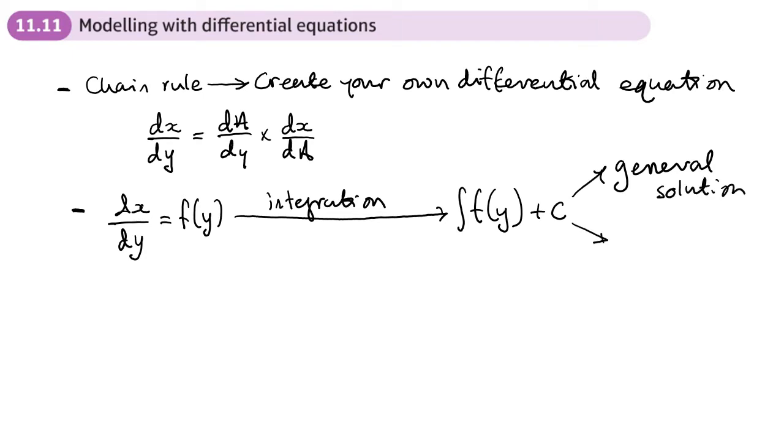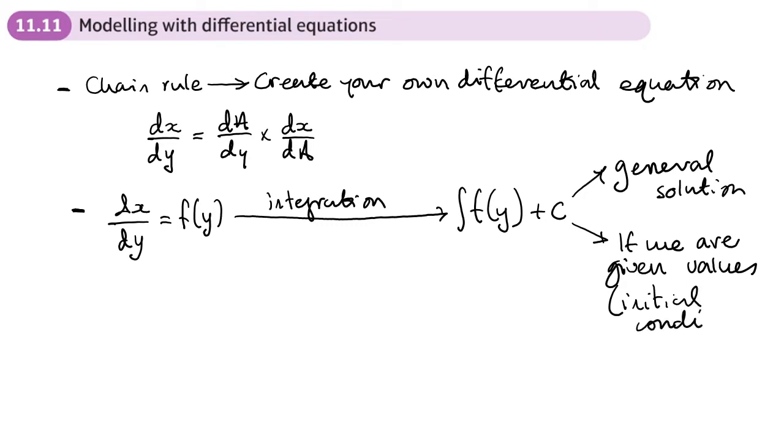And if we work out c, so if we are given values, sometimes they may be what we call the initial conditions. If we are given initial conditions to work out c, then we have what we call our particular solution.